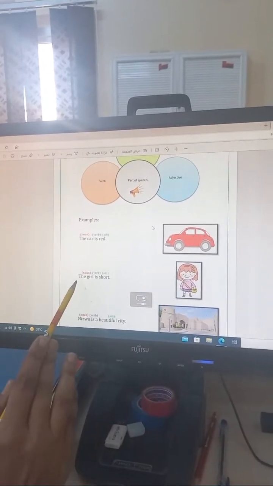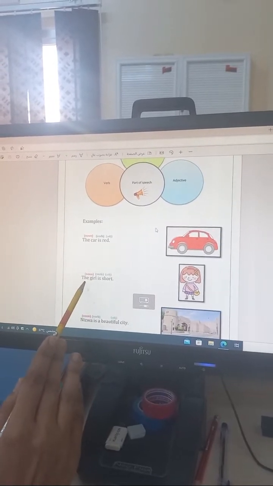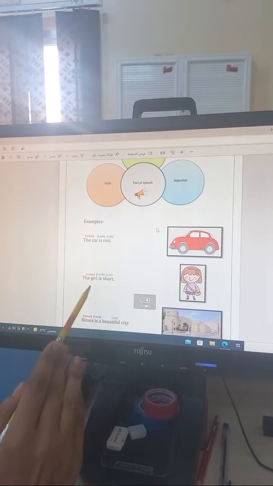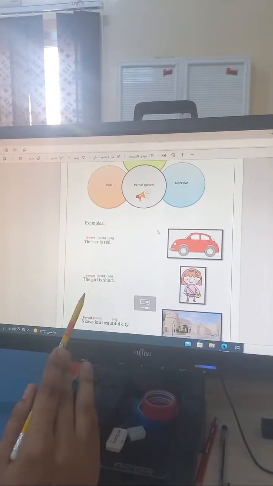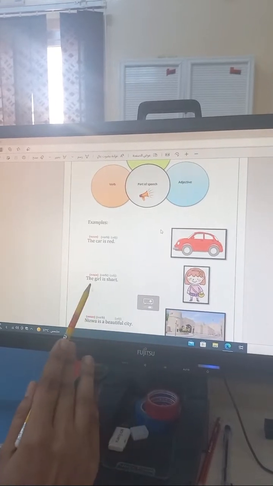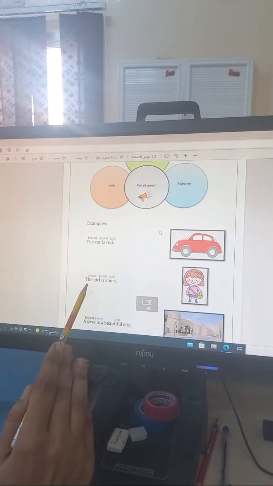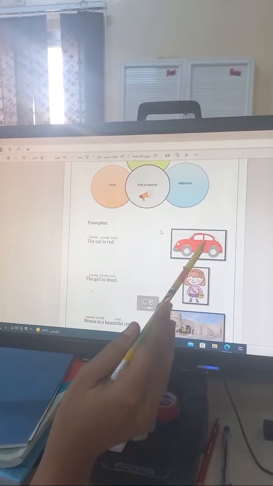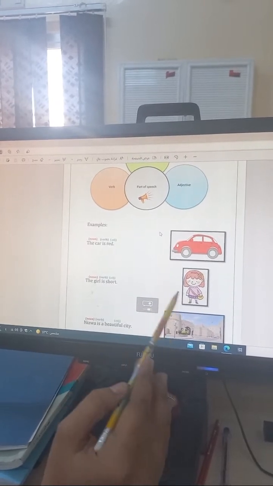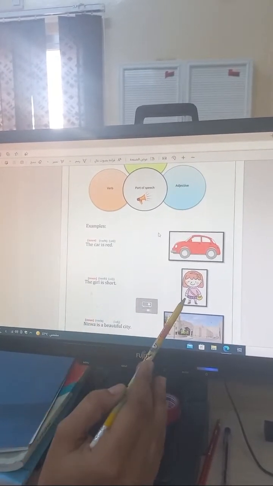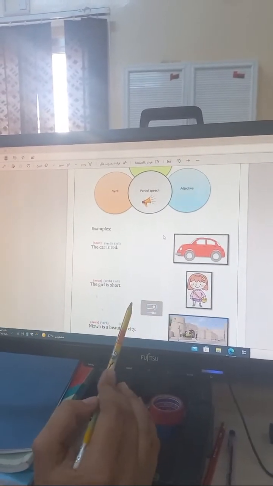The example here I have: the girl is short. Look, the girl is a noun. I can use a name like Asma, Fatima, Amal. That means it is a noun. So what is a noun? A noun could be the name of things, like a car is a thing, جماد. The girl or Ahmed or Fatima, that means what? Name of people.